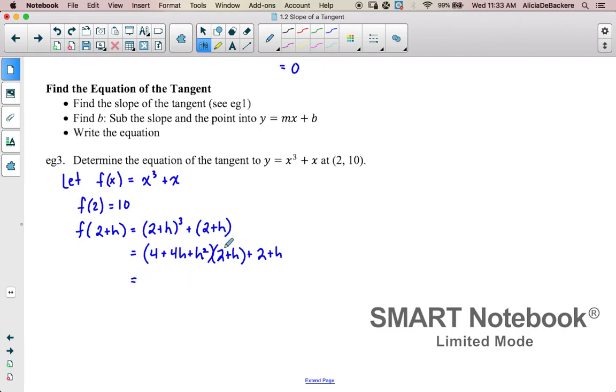Now I'm going to multiply the 2 into this whole bracket. So I'm kind of doing reverse distributive here. And then I'm multiplying the h into the whole bracket. And then I'm adding 2 plus h. Now I'm going to collect all my like terms.